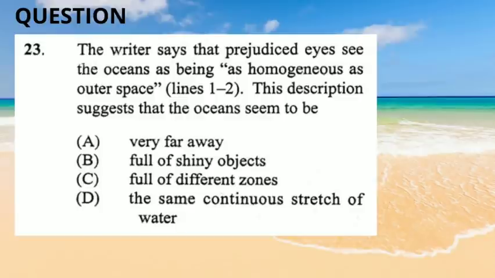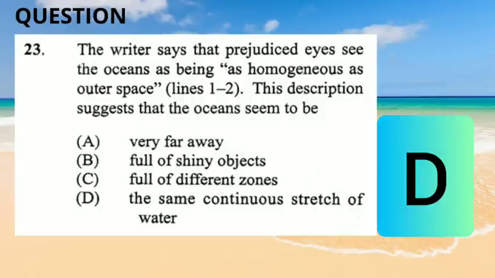The writer is comparing outer space to the oceans. The word homogeneous means alike or similar. Space is far and wide, just like the ocean. The writer is suggesting that the oceans seem to be one continuous stretch of water. Therefore, the answer is D.